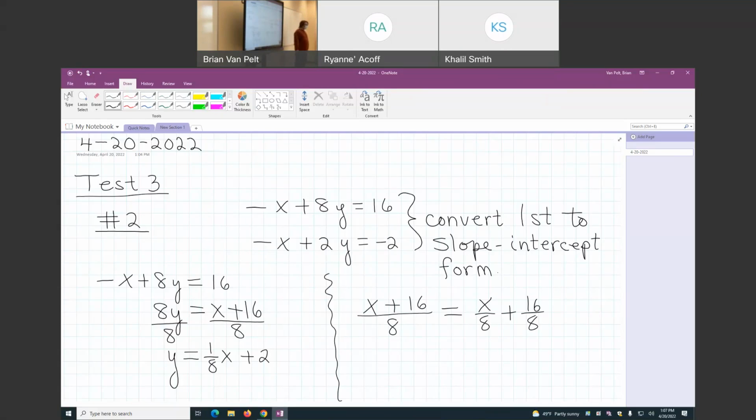That little step that I did there is necessary most of the time to get the equation that you want. So let me step back another step. 16 over 8, you're correct, is 2. But are you comfortable with x over 8 being the same as 1/8 x plus 2? What I'm saying is, is x over 8 the same as 1/8 times x?